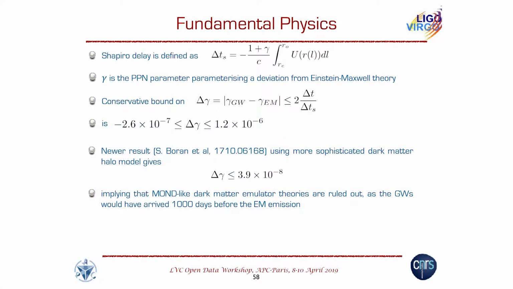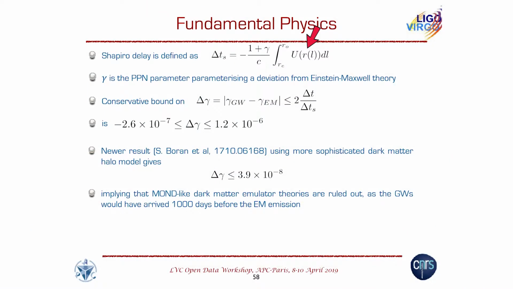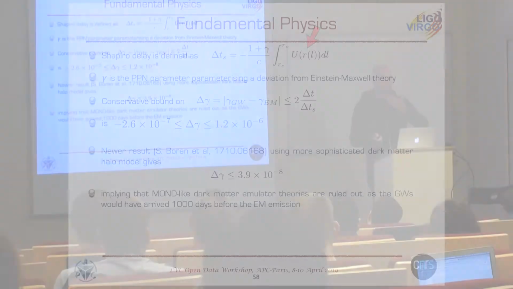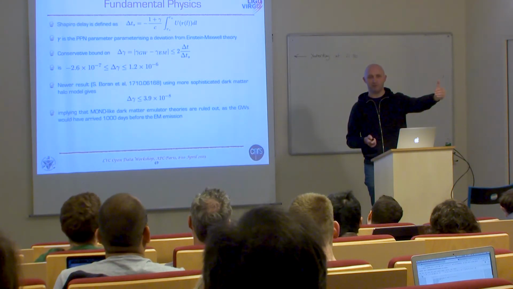So one of the other things we can look at is calculating the Shapiro delay. So here is my PPN parameter. And what's important here is this is the potential that models the dark matter distribution between the observer and the emitting source of gravitational waves.